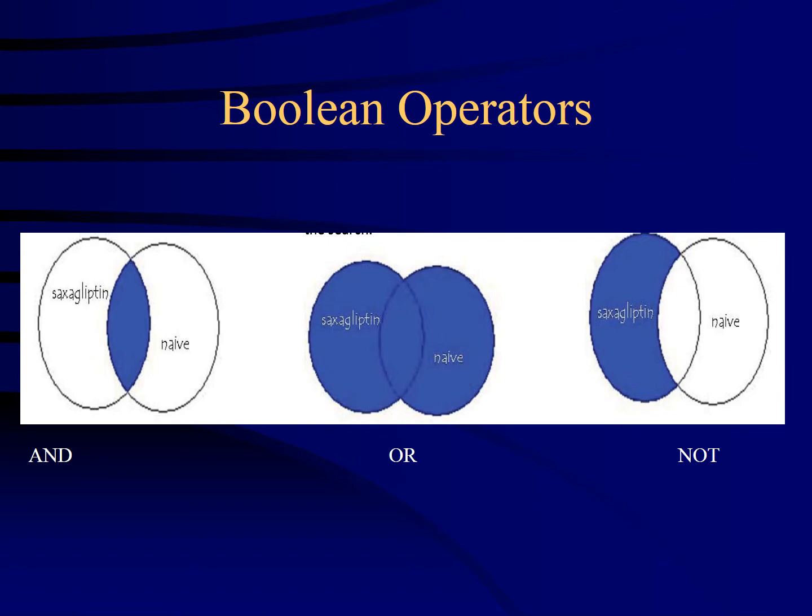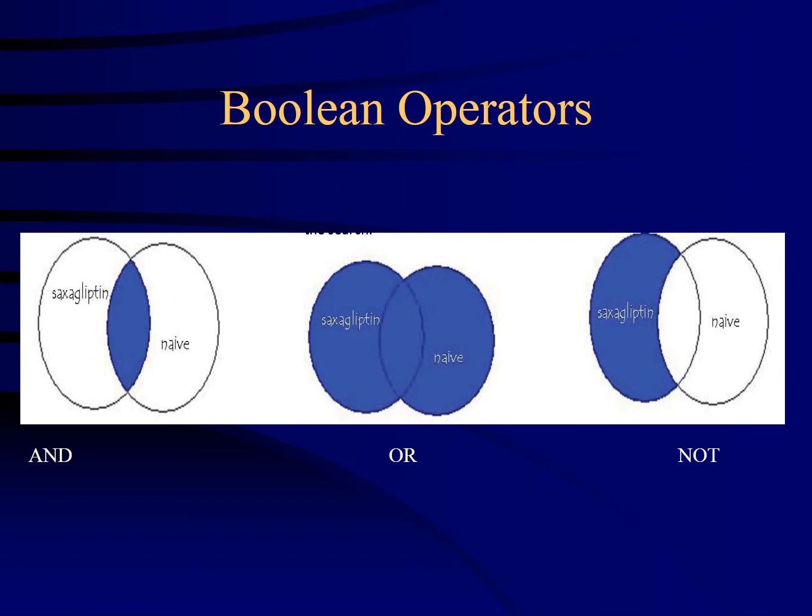The Boolean operator OR tells Medline to search for articles that contain one or more of those search terms. So you're looking for articles that contain either of the search terms. The Boolean operator NOT will look for articles that do not contain the search terms. The diagram on the far left shows you the AND Boolean logic operator.